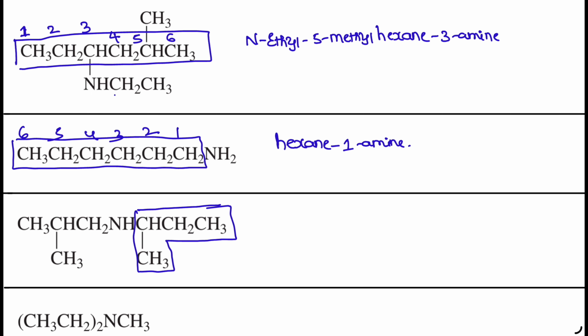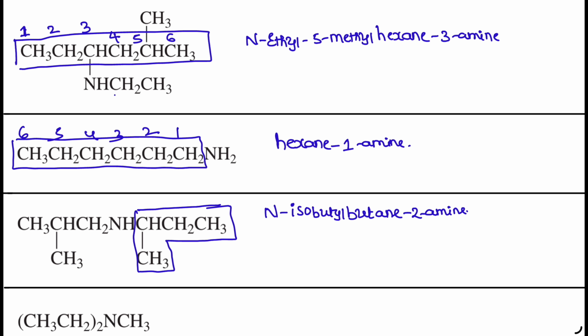And here the branch attached to nitrogen is isobutyl. So that is N-isobutyl, root word butane, primary suffix ane. At the second place there is the amine group, 2-amine.